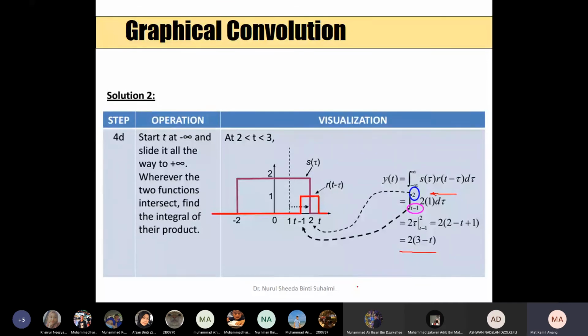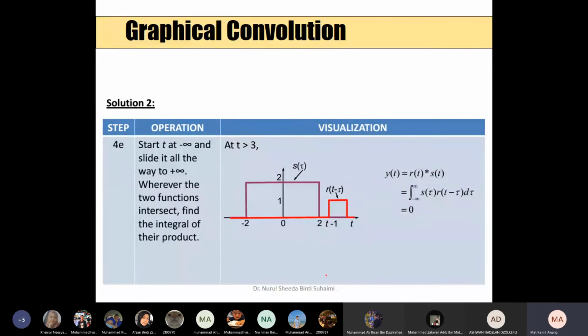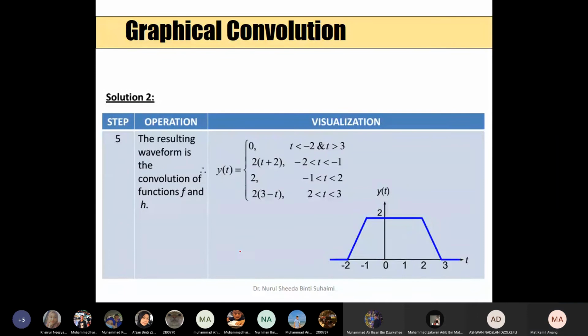This one, I don't think I have to go through with you. Then the third one is basically when it passes. And the fourth one is when there is no overlapping anymore, then you get 0. Right? So therefore, the resulting waveform is 0 for t less than minus 2 and t greater than 3.